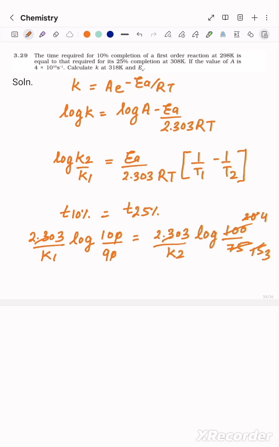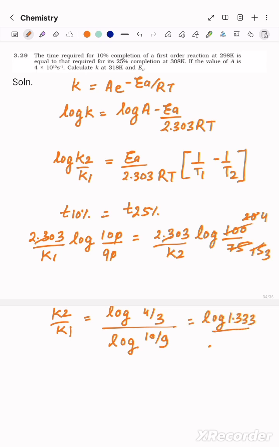So how to write this? K2 by K1 is equal to log 4 by 3 upon log 10 by 9. So from this we calculate the log values. After calculating, it will become log 1.333 upon log 1.111.